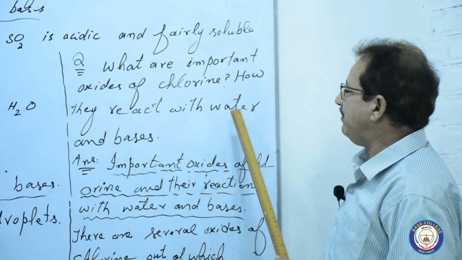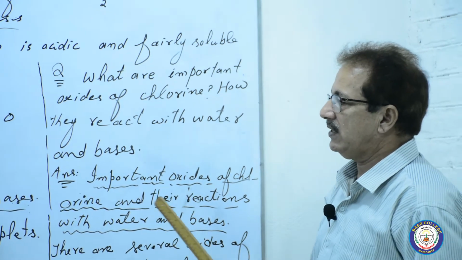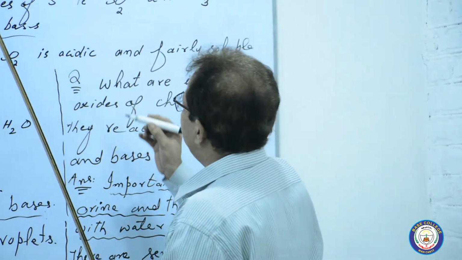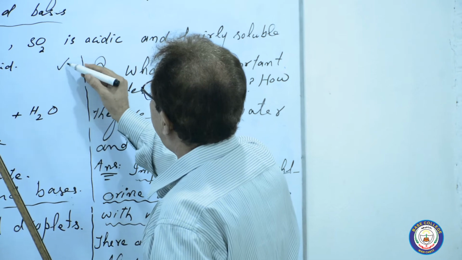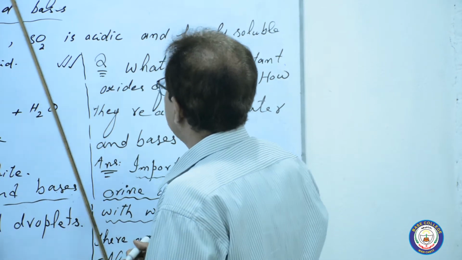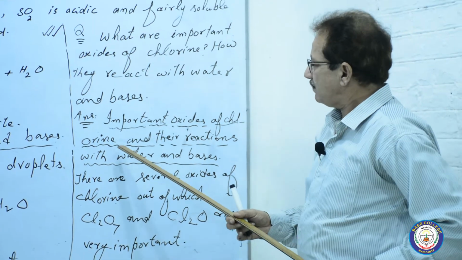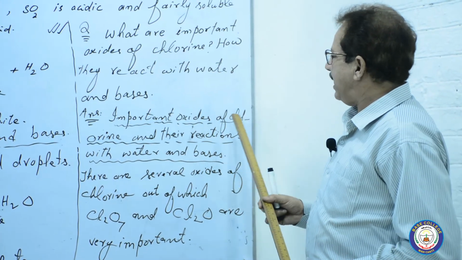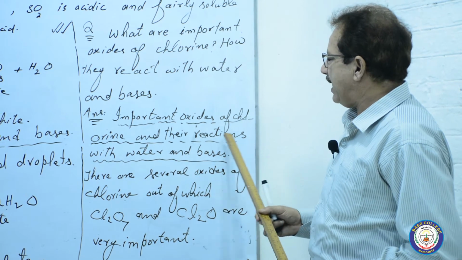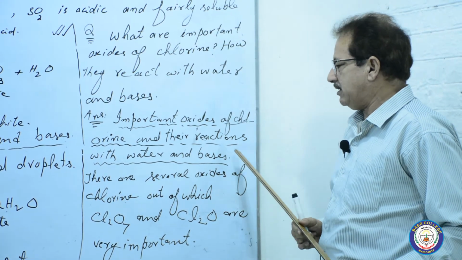How do they react with water and bases? This one is again 3 times important. Placing 3 ticks. Important oxides of chlorine and their reactions with water and bases.